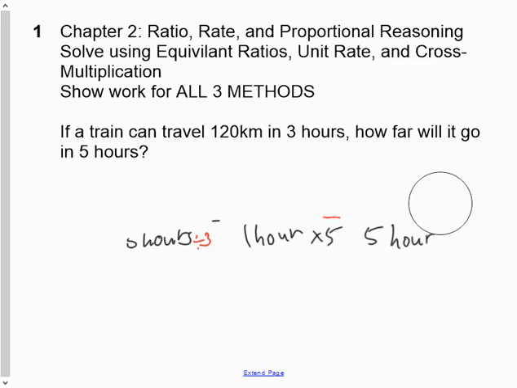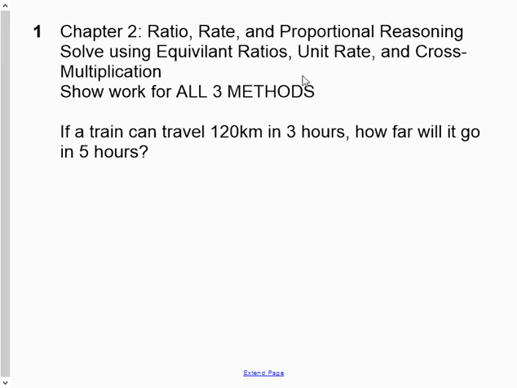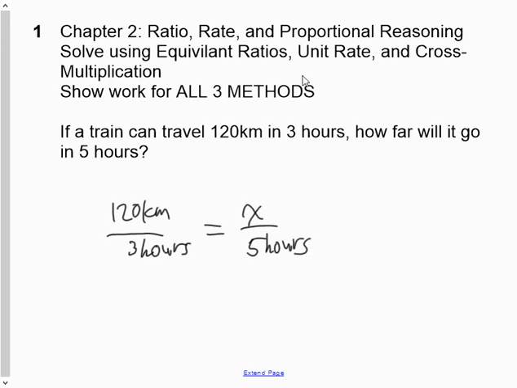And your third method is the cross multiplication. So if I take my 120 kilometers in 3 hours, and remember we said we could set it up as x over 5 hours, and then we realized that in order to solve this proportion, we can multiply across the equal sign to the variable, and we get 3x as one side of our algebraic equation.